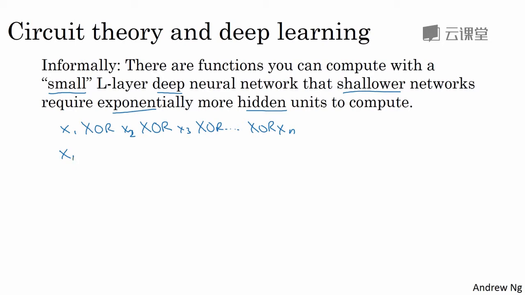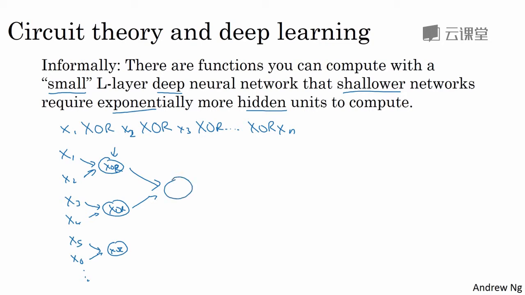So if you build an XOR tree like this, first compute the XOR of x1 and x2, then take x3 and x4 and compute their XOR. And technically, if you're just using AND, OR, and NOT gates, you might need a couple layers to compute the XOR function rather than just one layer. But with a relatively small circuit, you can compute the XOR, and so on.